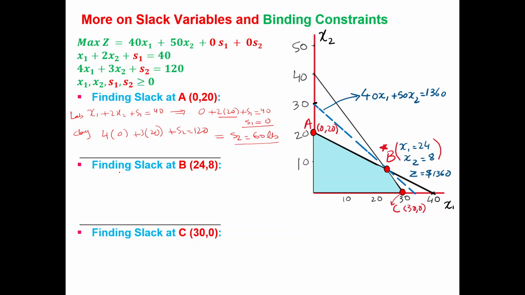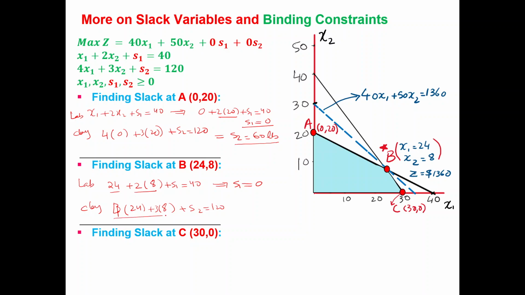At B the coordinates are 24, 8. So for labor it will be x1 24 plus 2 into 8 plus s1 is equal to 40. As these two numbers sum up to 40, this means s1 is equal to 0. For clay we have 4 into 24 plus 3 into 8 plus s2 equal to 120.